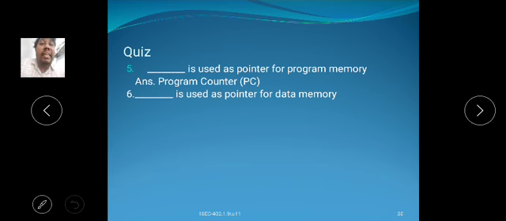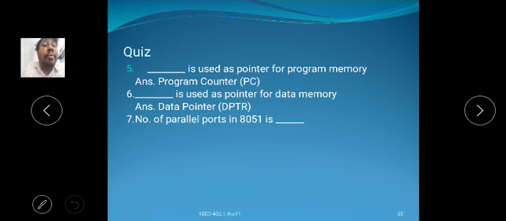Next one: dash is used as pointer for data memory. The data pointer is used for data memory.